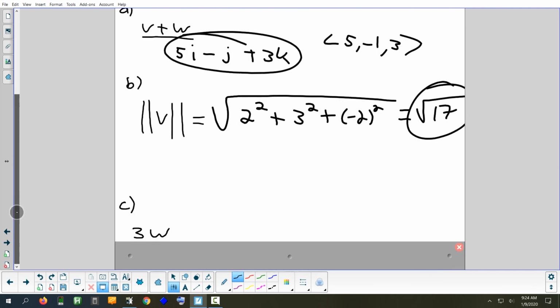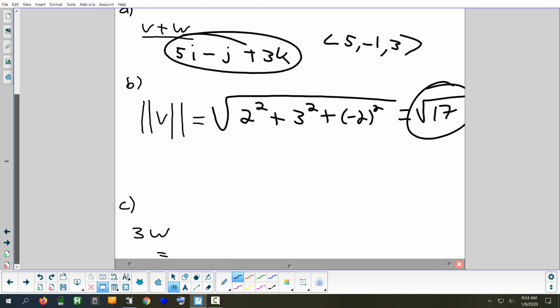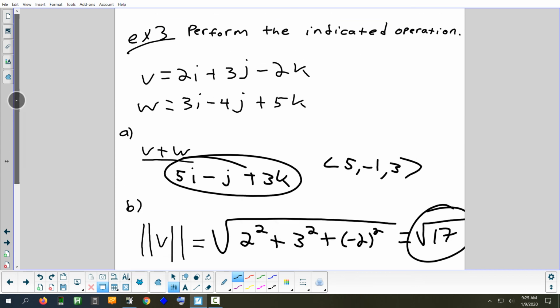And let's do a scalar. This is saying to take vector w and triple its length. So Pat, if I want to take w and triple its length, what's the x-axis going to turn into?